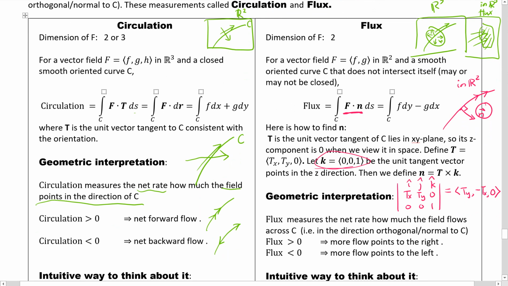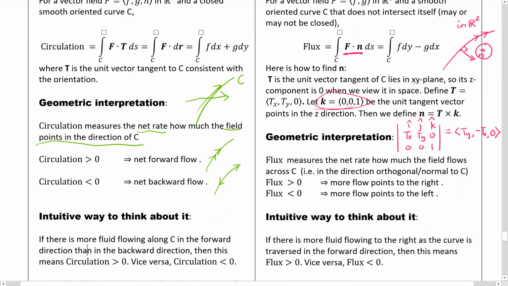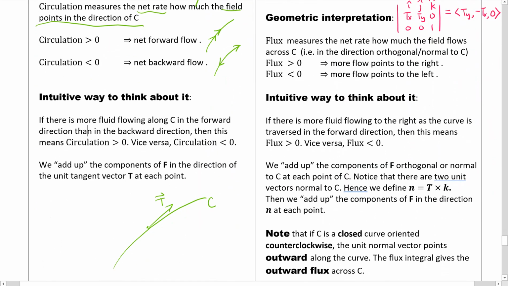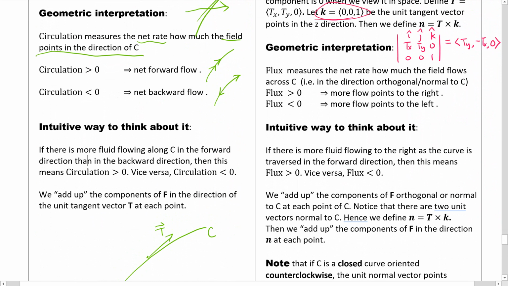Let me give you an example. Let me find some space here. Suppose our T is (1, 2), so our curve looks like that. T is (1, 2). Then what is n?